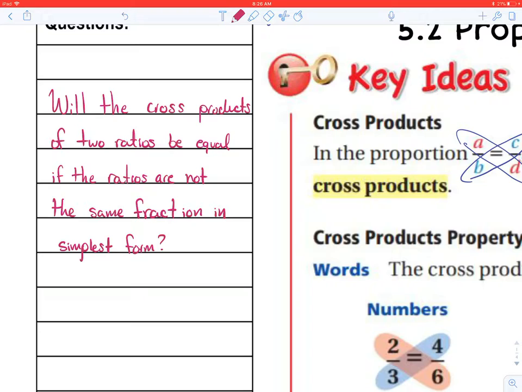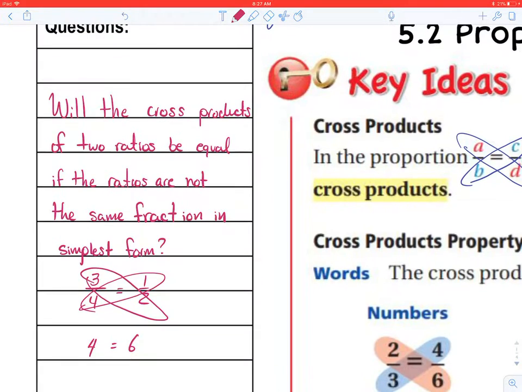But if we had a different example, something that we would recognize as different, like 3/4 and 1/2, you can see that 4 times 1 would be 4, and then 3 times 2 would be 6. And so we would not have a proportional relationship and their cross products would not be equal. So that's even another method of checking to see if two ratios are proportional to one another.